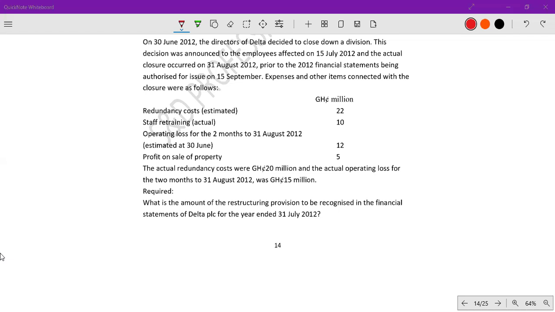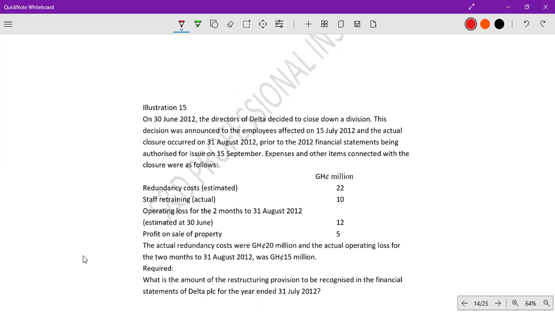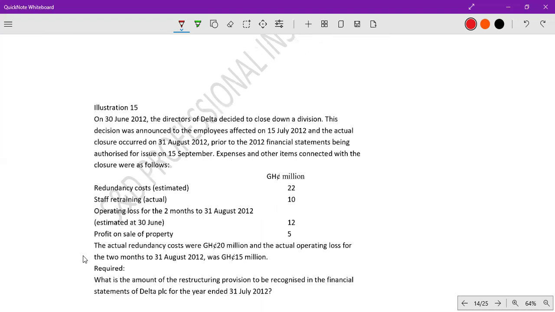What is the amount of the restructuring provision to be recognized in the financial statements of Delta PLC for the year ended 31st January 2012? In June 2012, the directors of Delta decided to close down a division. This decision was announced to the employees affected on 15 January 2012, and the actual closure occurred on 31st August 2012.